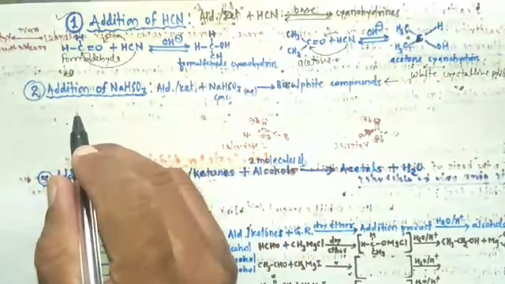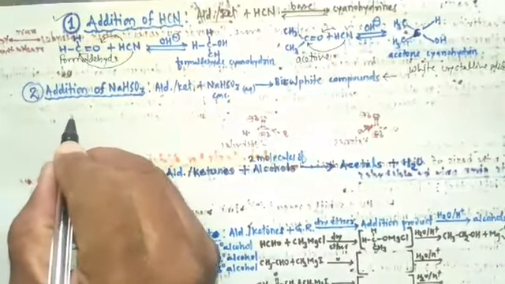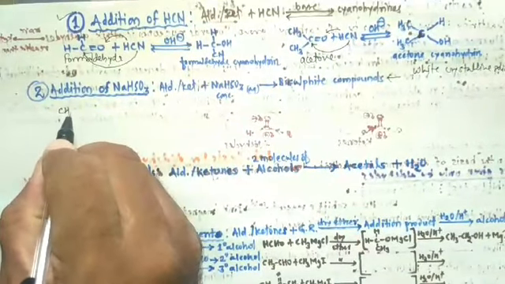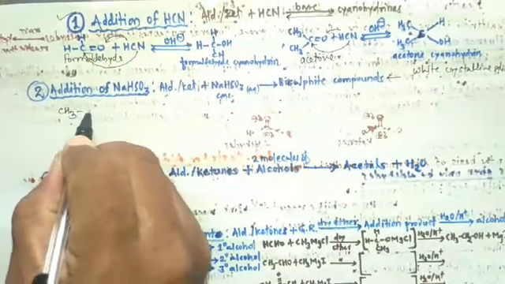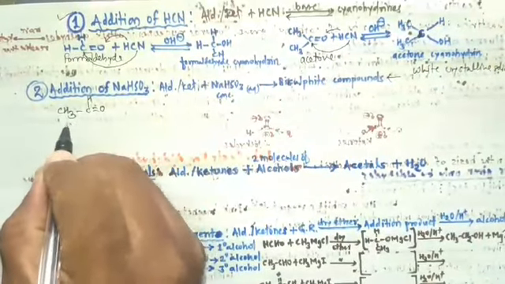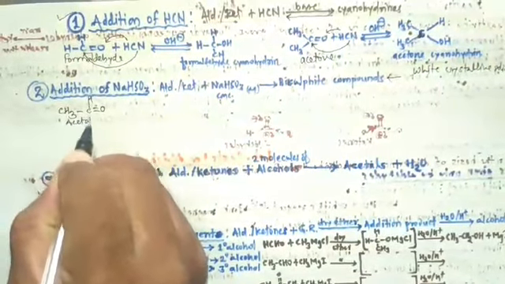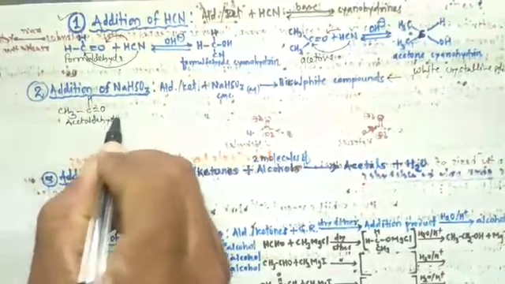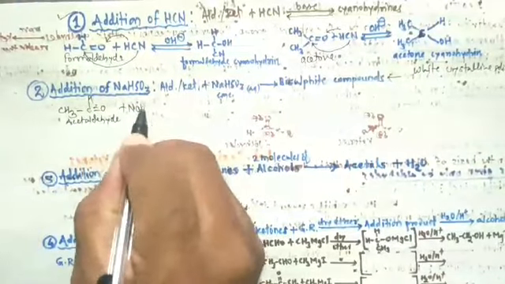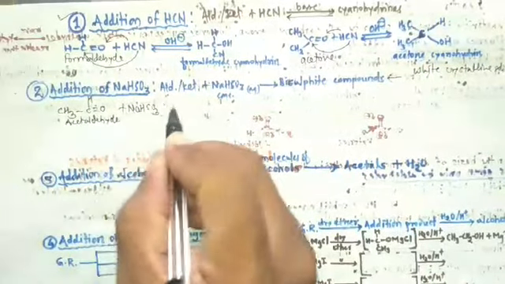Acetaldehyde, having the formula CH3CHO, reacts with sodium bisulfite.